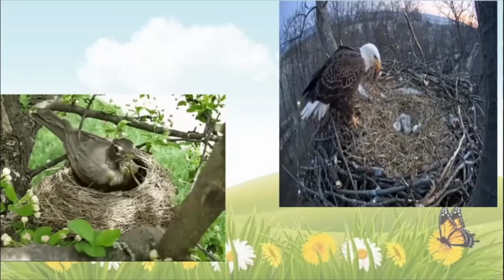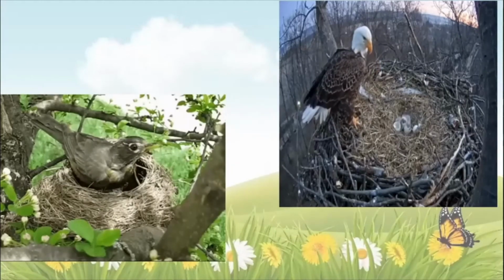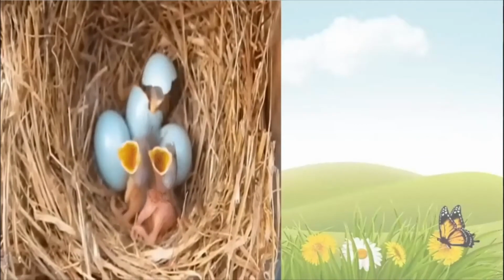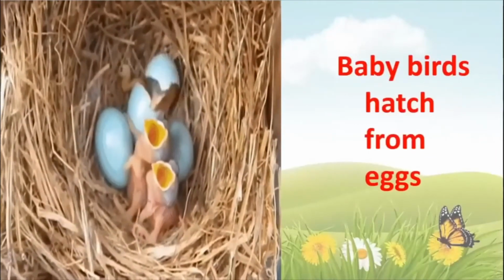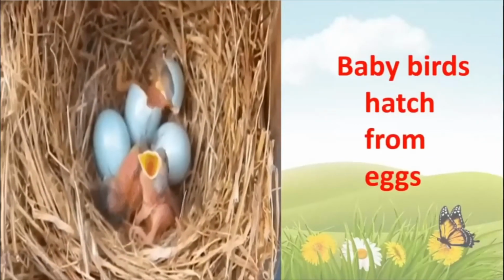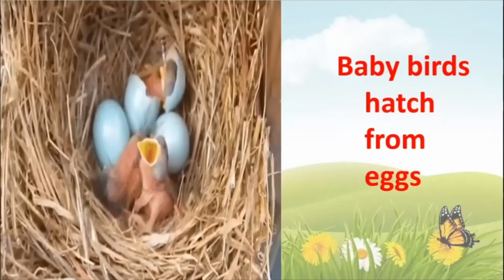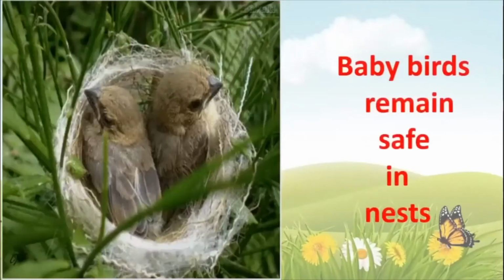These birds, they lay eggs in these nests. And then what happens from these eggs? These baby birds hatch. Okay, and these baby birds are very, very small in size. They cannot fly. Therefore, the nest keeps them safe. So the baby birds, they remain safe inside these nests.